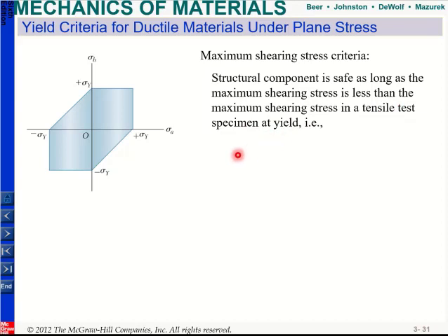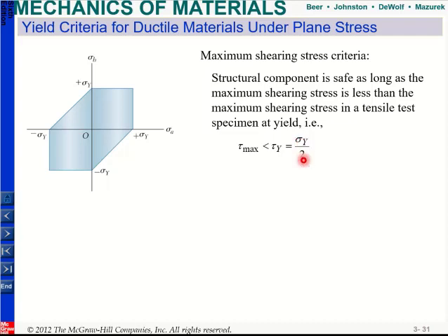If you do a tensile test, you can find your shear stress, which will be at 45 degrees from your x and y axes. So your shear stress in a tensile test will be equal to sigma y divided by 2.